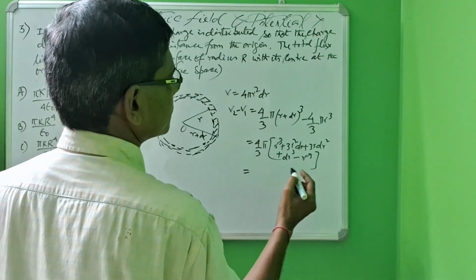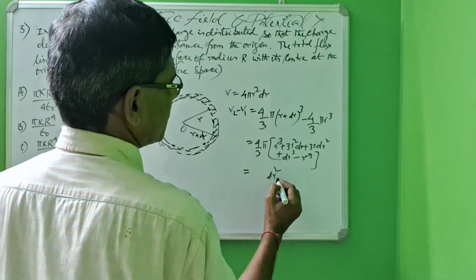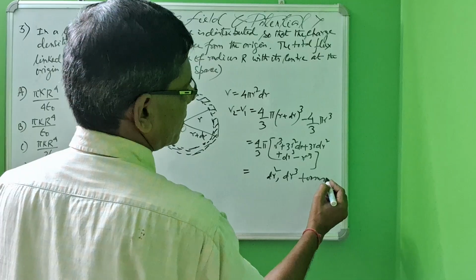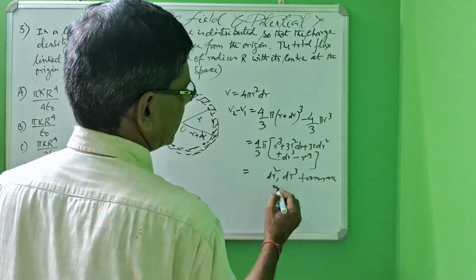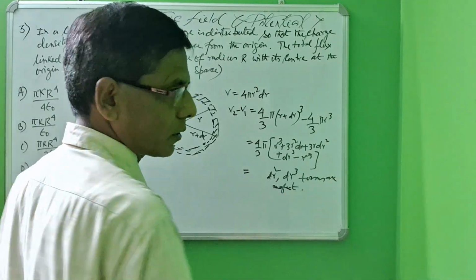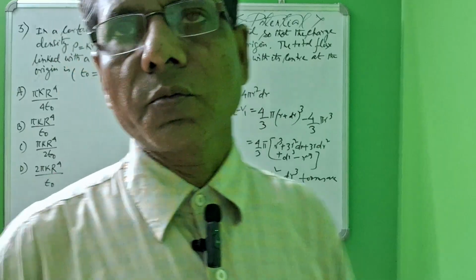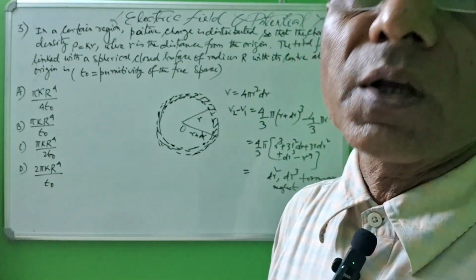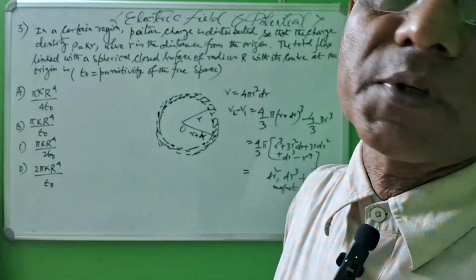The dr square and dr cube terms are neglected because dr is very small, which is usually neglected in physics.